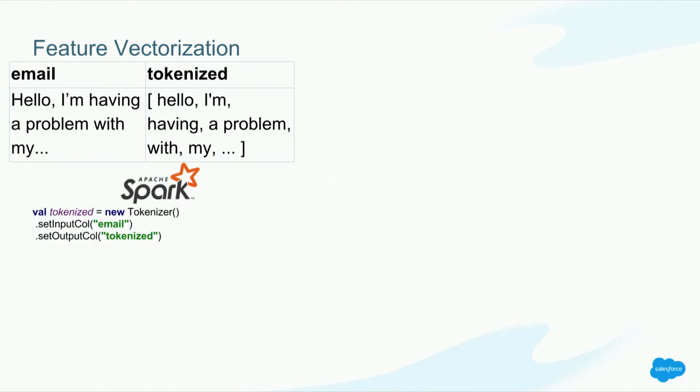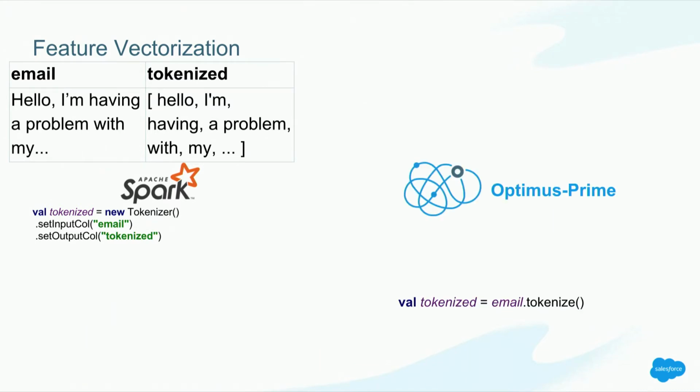The next step in our pipeline, we'd want to tokenize that data. So you'd split up that blob of email text into different words. You can do that in Spark. There's a notion of a tokenizer. You set your input column and your output column in the data frame, and you're good to go. The way that looks in Optimus Prime, we've got an email.tokenize method built into our features.